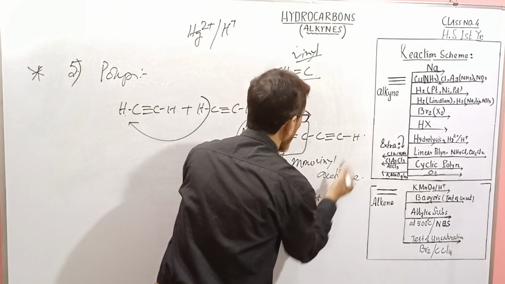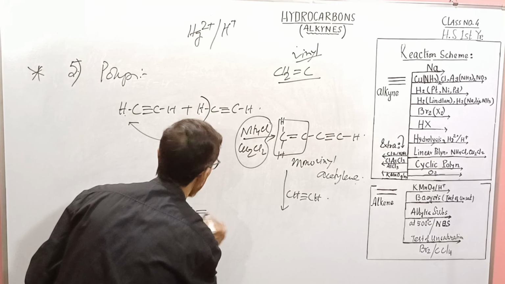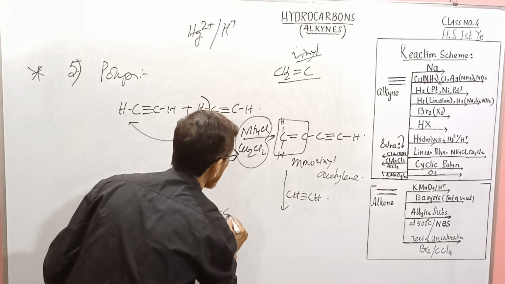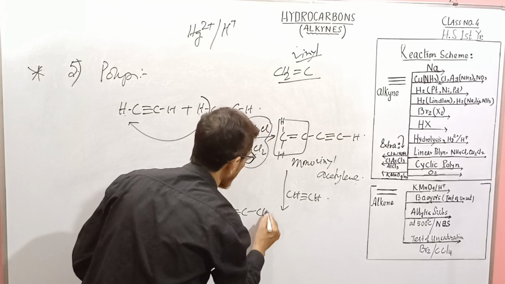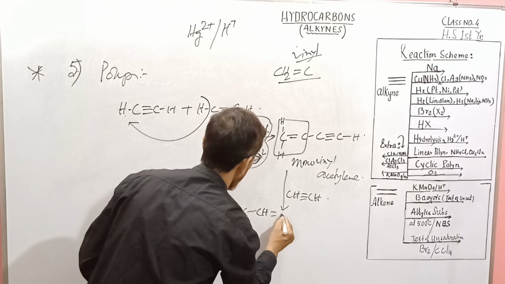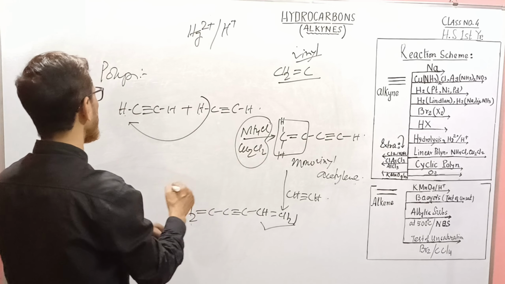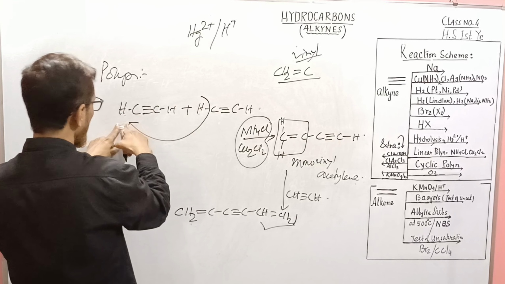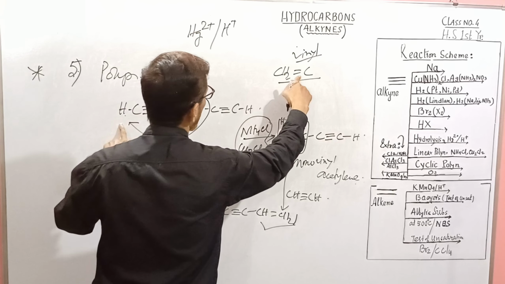That hydrogen will be replaced. You write CH2 double bond C, C triple bond C, and here again you add CH vinyl part. Simple. One hydrogen is replaced, you get vinyl; CH2 double bond CH is vinyl.